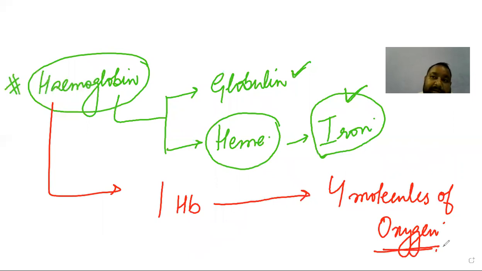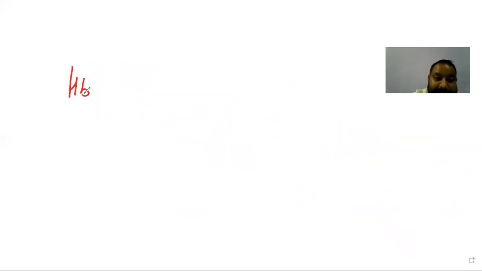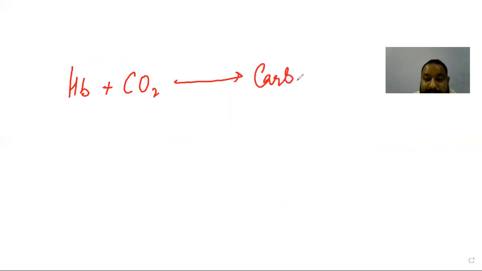This hemoglobin has affinity towards both carbon dioxide and oxygen. Whenever the hemoglobin gets attached to carbon dioxide, it will form carbaminohemoglobin.